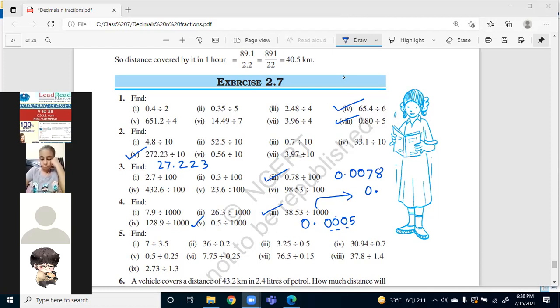It has to be divided by 1000, so the decimal has to move 3 digits in the left direction. So 2 digits will be covered by 38. So it is 0.03853. Understood? Okay, so I'm just disconnecting and connecting again.